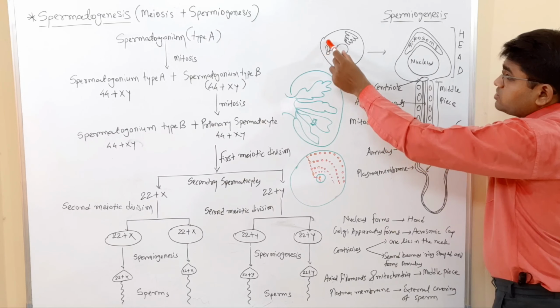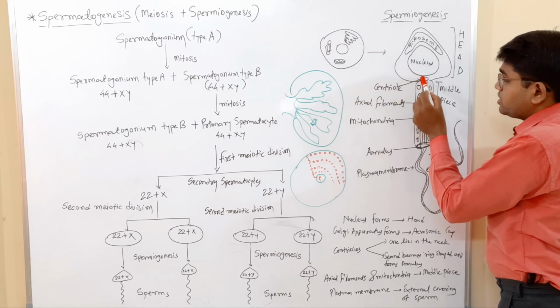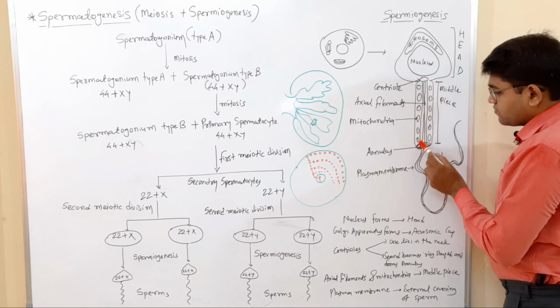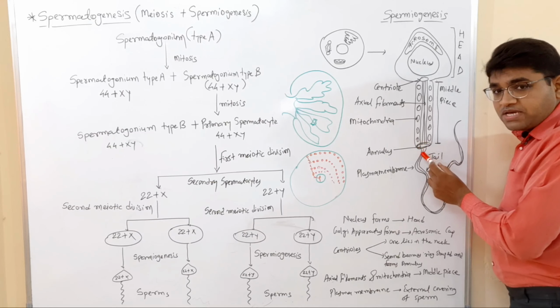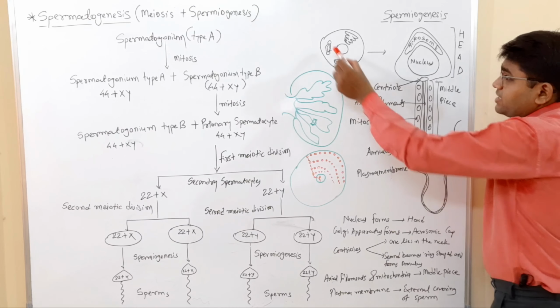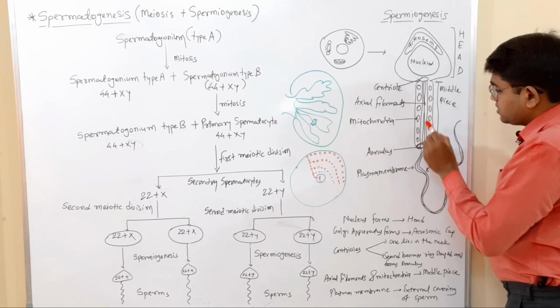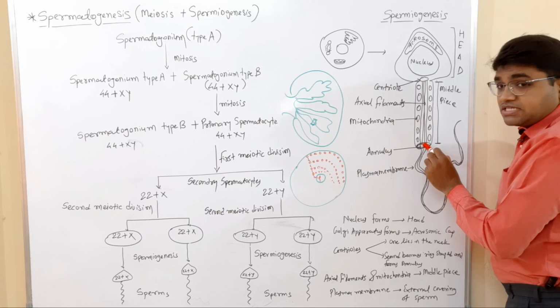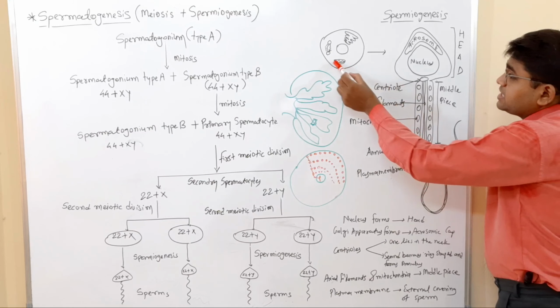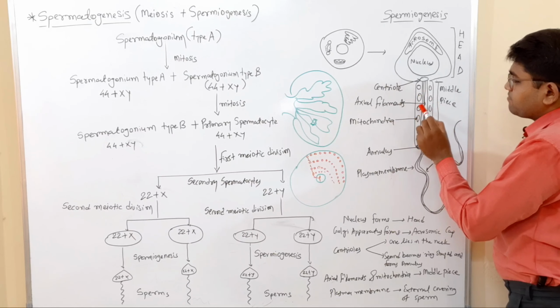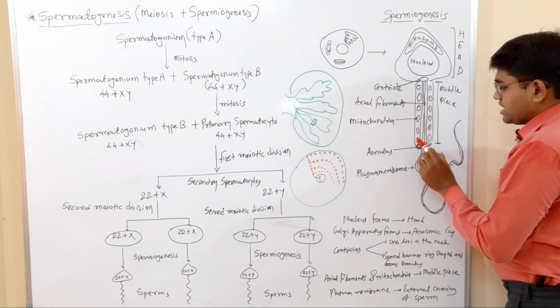Then the centrioles are divided, and one centriole is placed into the neck and the second one is at the end of this middle piece. The axial filament of the centrioles forms the central body of the middle piece, and around that the mitochondria are divided and placed around the axial filaments.